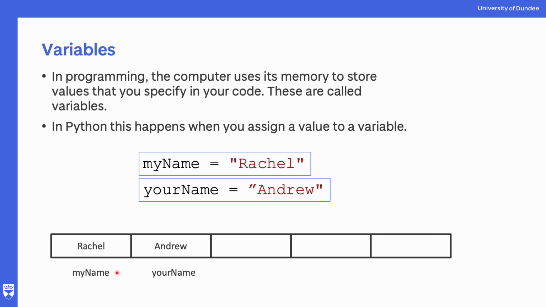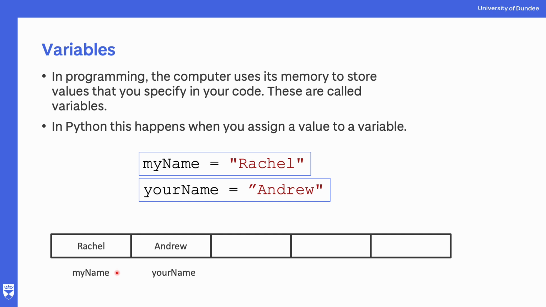That's what's happened in this first part here. I've called that memory space my name, and inside it I've assigned a value, Rachel. Those double quotes are what tells the computer to treat it as a string, and it only puts in the string. You'll note that the double quotes don't go in it. The double quotes are just informing the computer, hey, this is a string.